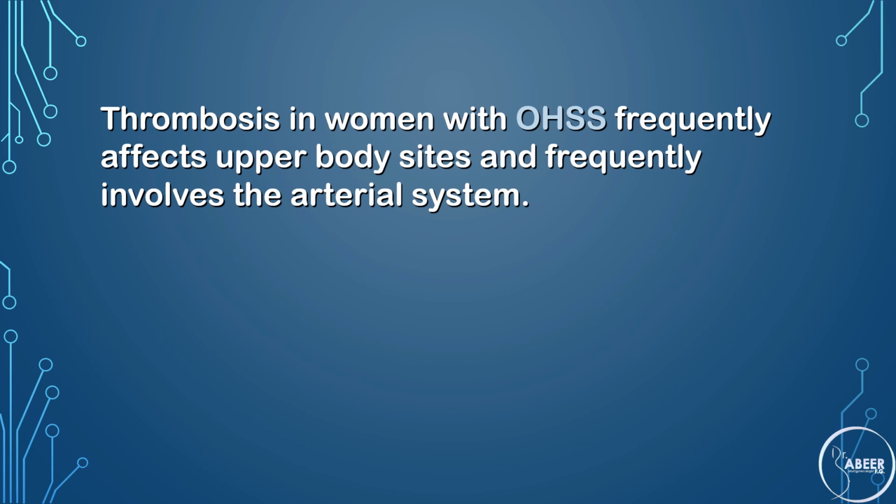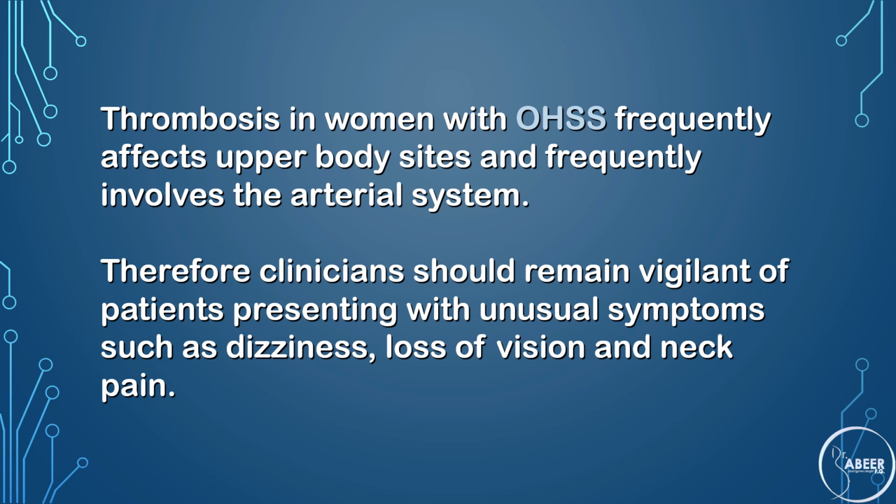Thrombosis in women with ovarian hyperstimulation syndrome frequently affects upper body sites and frequently involves the arterial system. Therefore, clinicians should remain vigilant of patients presenting with unusual symptoms such as dizziness, loss of vision, and neck pain.